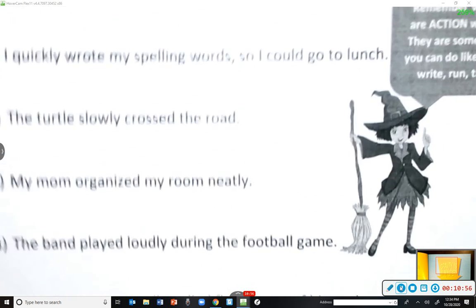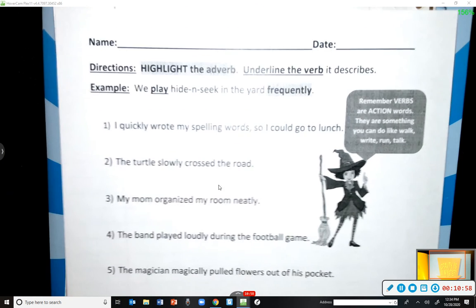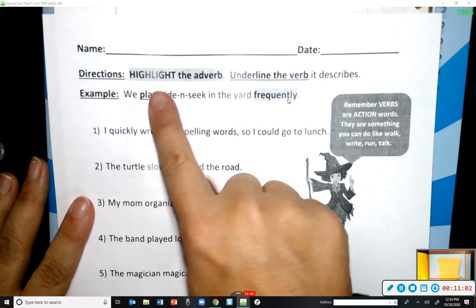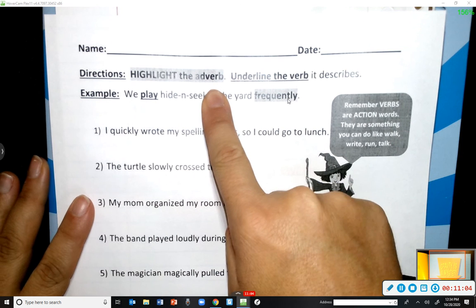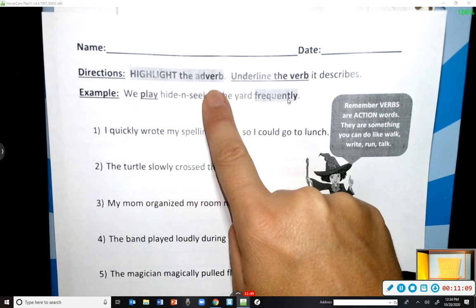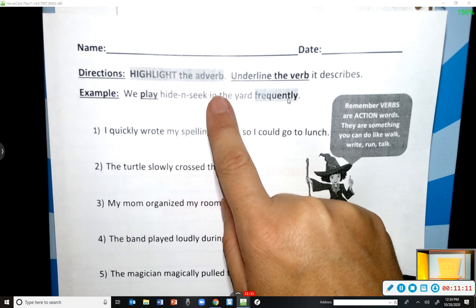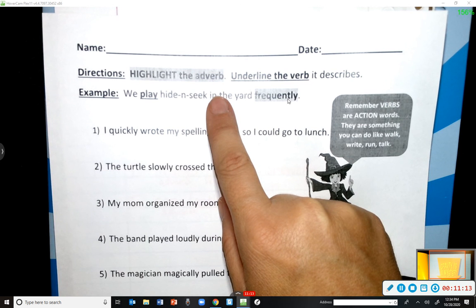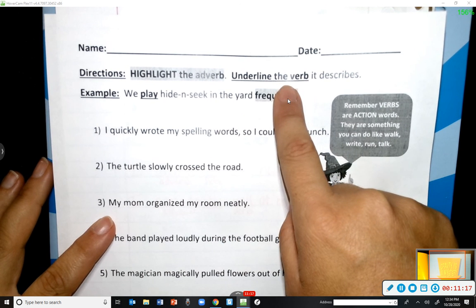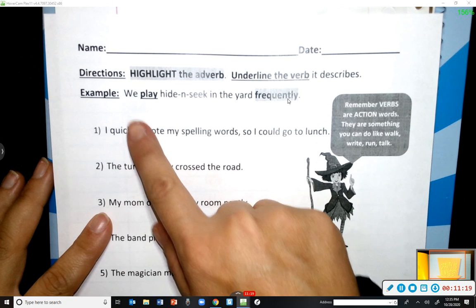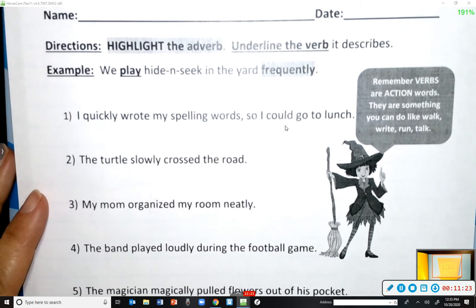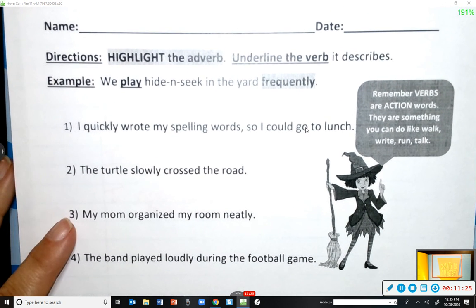All right, so this is what you're going to do. The directions are on here. You have an example also. So you're going to highlight the adverb. Make sure you read that carefully because I don't want you to highlight the verb and then you get them all wrong because you've highlighted the wrong thing. Underline the verb it describes. Okay, so the example here, we play hide and seek in the yard frequently.